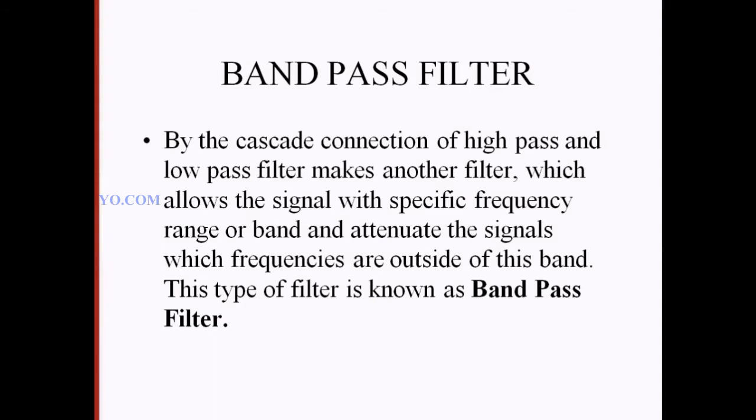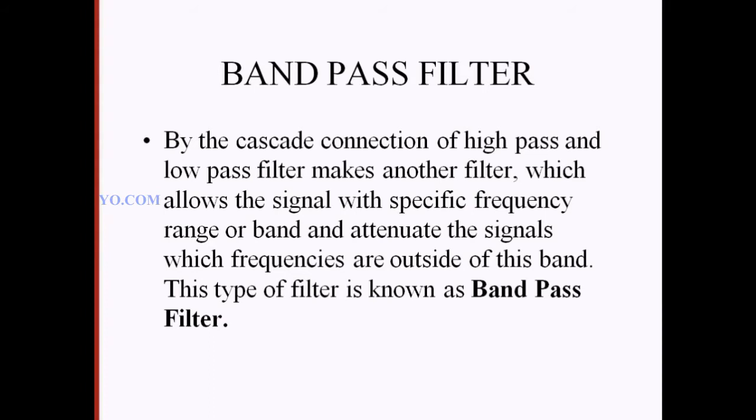First we use the high pass filter, and after that we connect the low pass filter. That gives the band pass filter, which allows the signal within a specific frequency range, or band, and attenuates the signals with frequencies outside of the band.